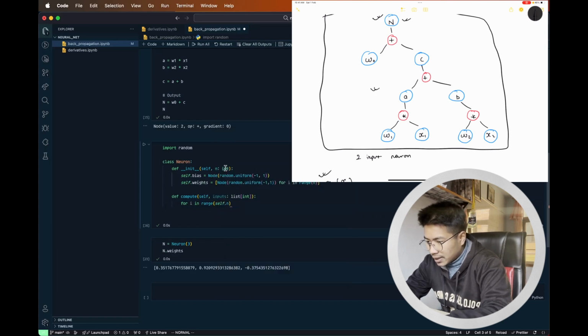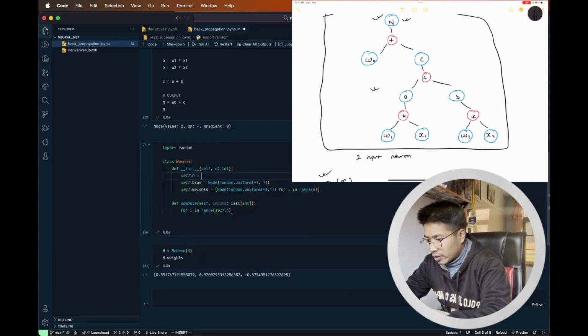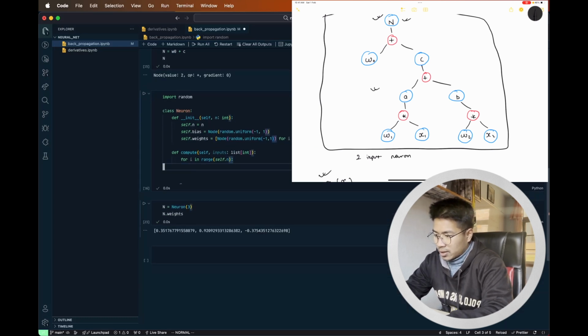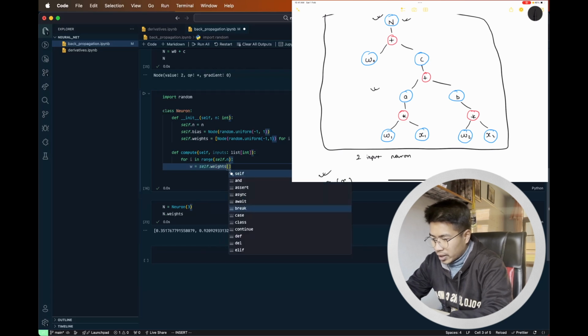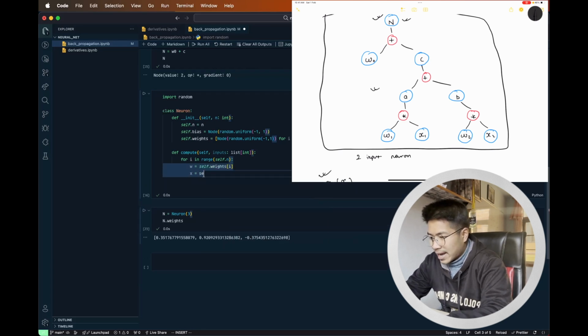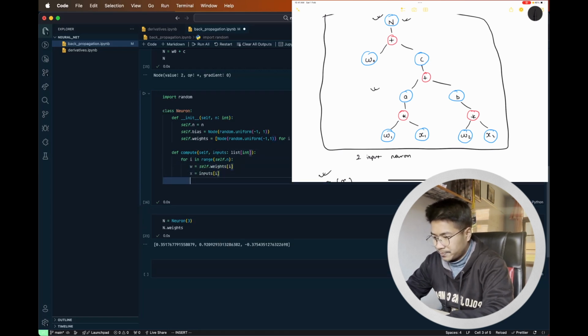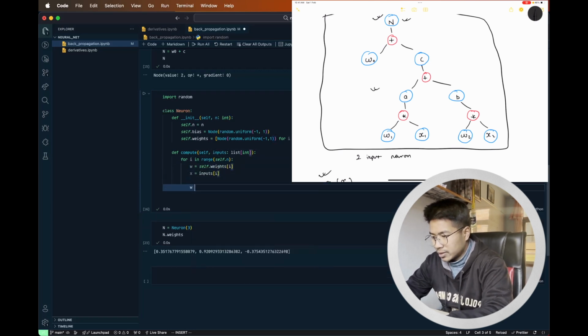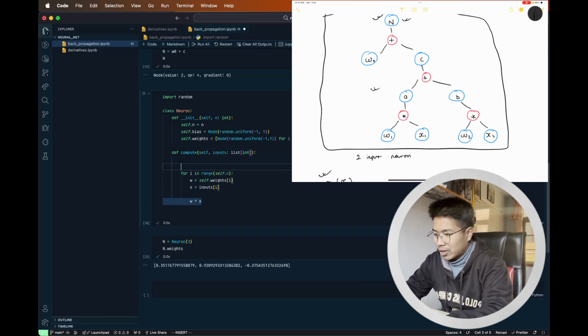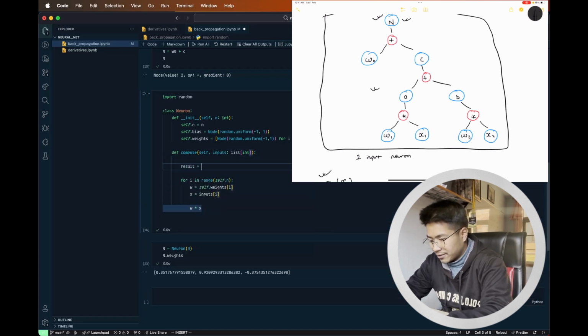I should probably have n over here somewhere, equal to n. In that range I want my w, which is self.weights at whatever index I am on, and my x, which is inputs at whatever index I am on. What I basically want to do is w times x, and store it in some variable, let's say result, which starts at 0.